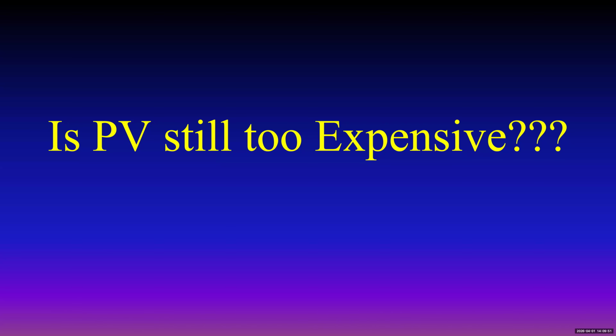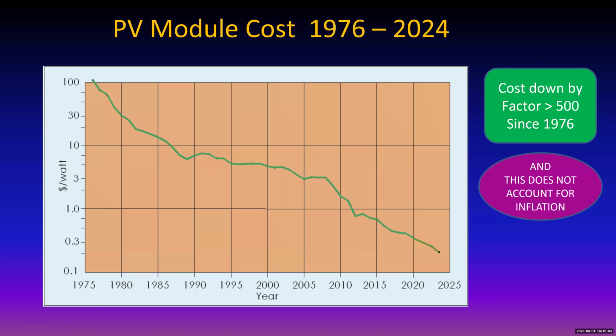So, given that, the prices have come down because of a lot of reasons: mass production, improved technology, all kinds of things. And in fact, this is in real dollars as opposed to inflated dollars.